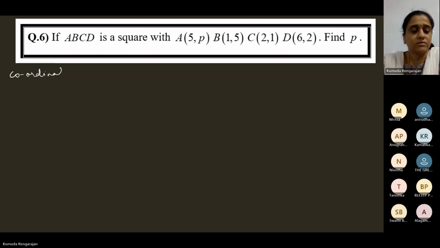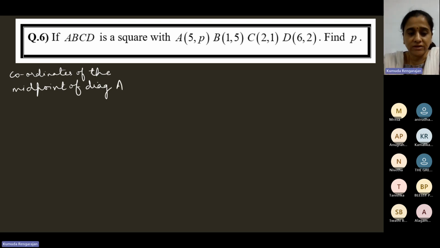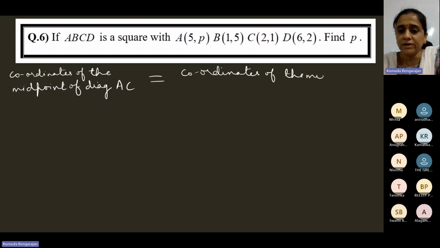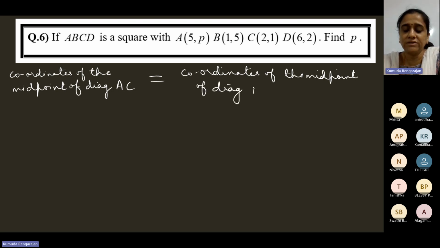Coordinates of the midpoint of diagonal AC is the same as the coordinates of the midpoint of the diagonal BD.